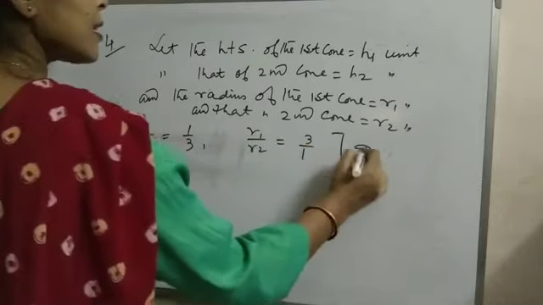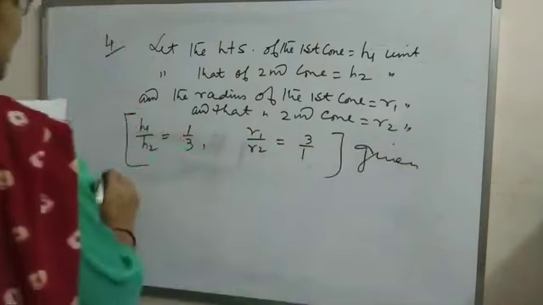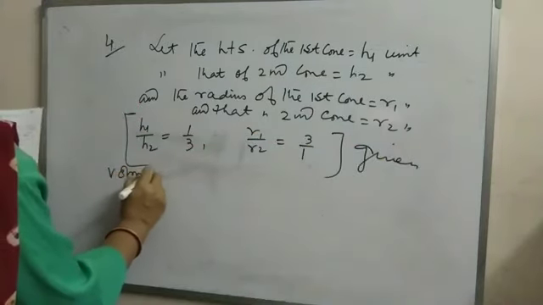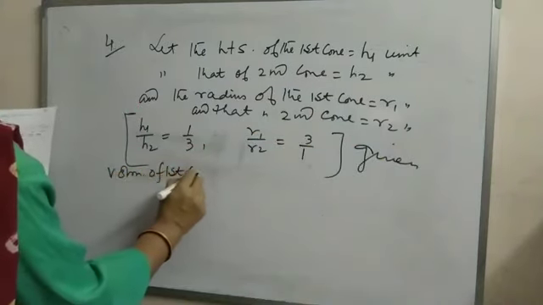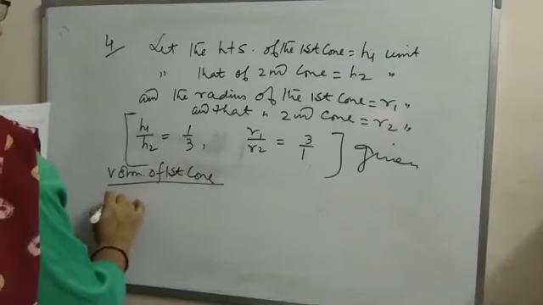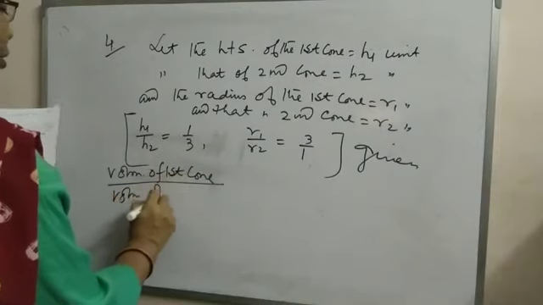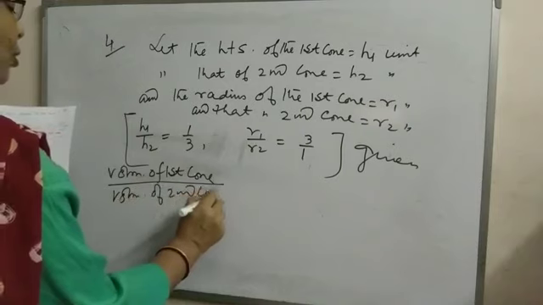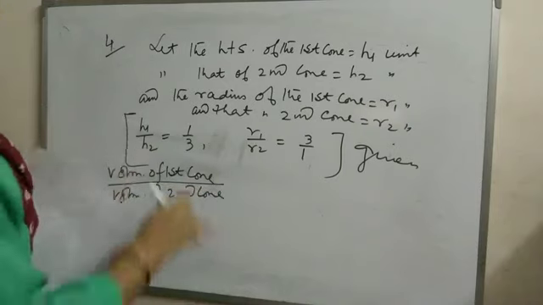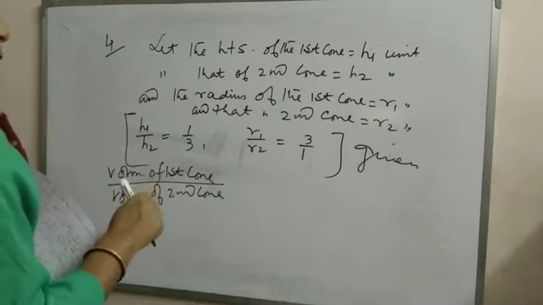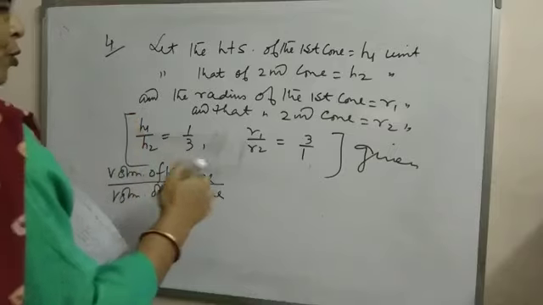This is given, that is volume of first cone by volume of second cone. It is told that find the ratio of the volume of two cones.